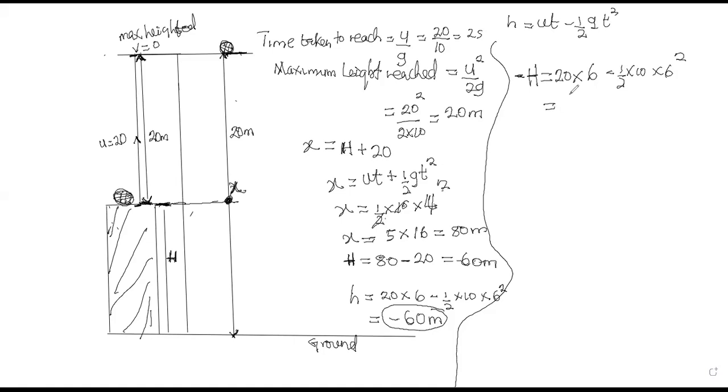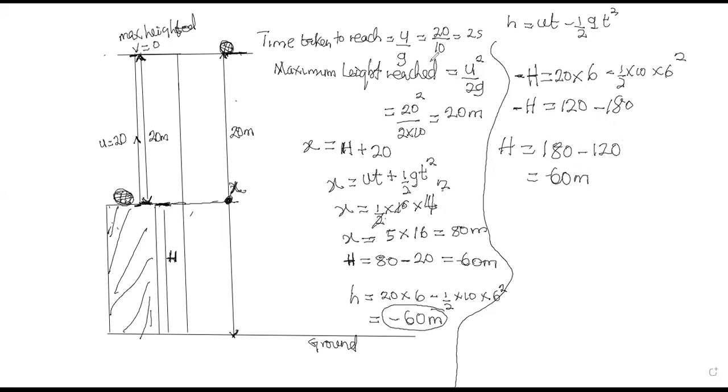Because this is 120 minus 5 times 36, 180. But because h is negative, when you let h cross the equal sign and become positive, we'll have 180 minus 120, and that will still give you 60.